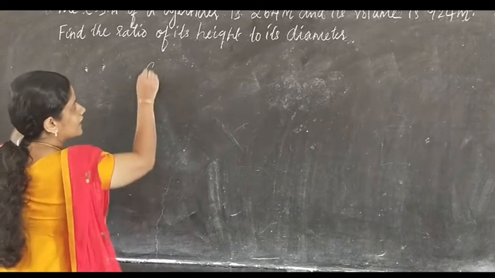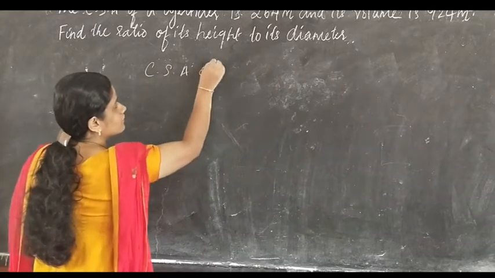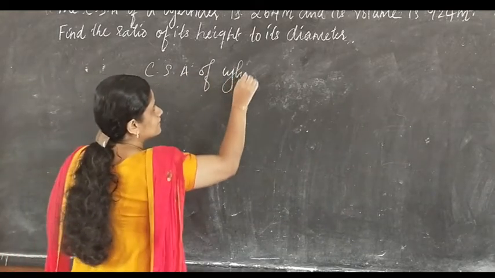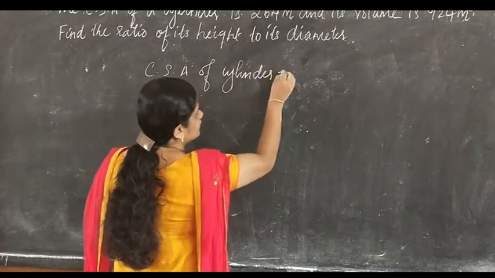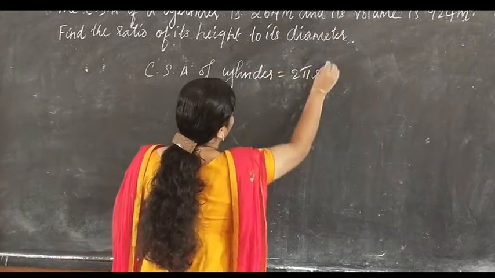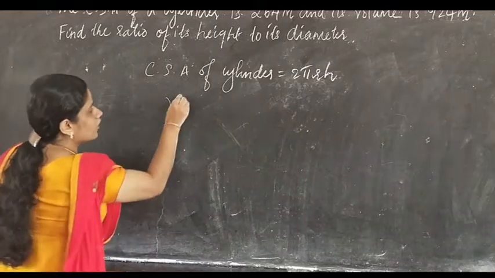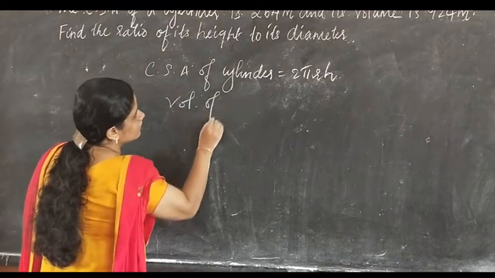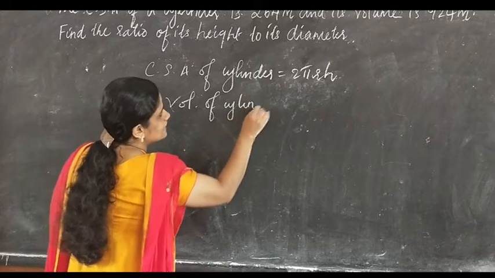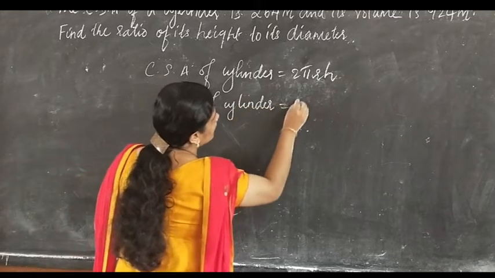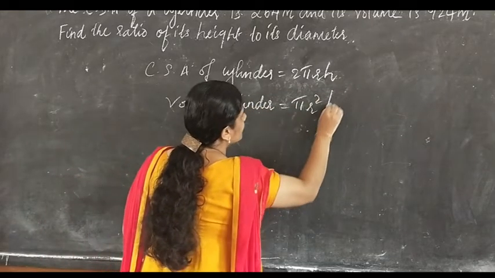You all know that CSA of cylinder is equal to 2 pi r h. And its volume, we know that volume of cylinder is equal to pi r square h.